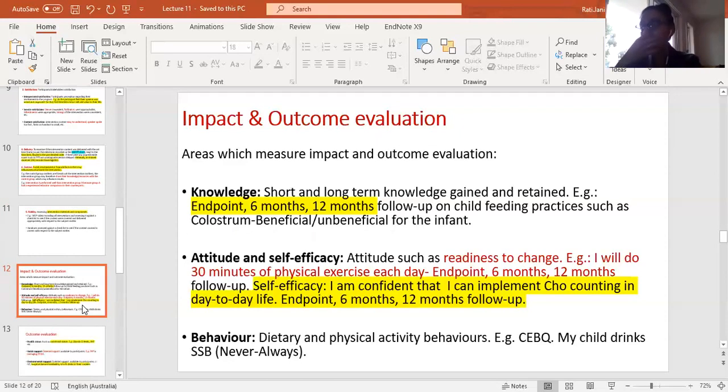Attitude. So see, sometimes what may happen is that people are aware of certain things. For example, when we did interventions in the tribal area of Maharashtra, Maharashtra is a state in India. So when I did my 2 years of postdoc in India, what I saw was that the tribal mothers were aware that yes, colostrum, which is the first milk which you get right when you start breastfeeding, that is very good.